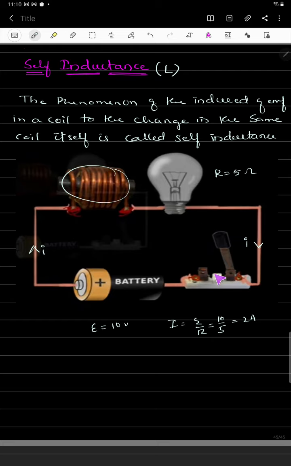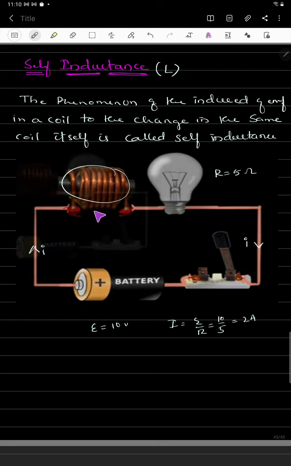If I close the key, then suddenly what will happen? The bulb glows when the coil is not connected. If I open the key, it again goes off. So a full 2 ampere flows through that circuit. Instead, I am connecting this cylinder, which is called a cylindrical coil.